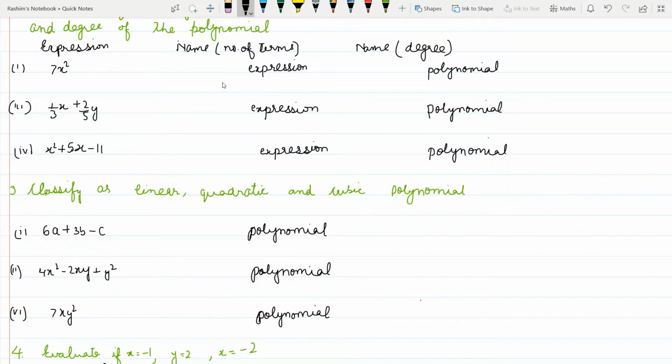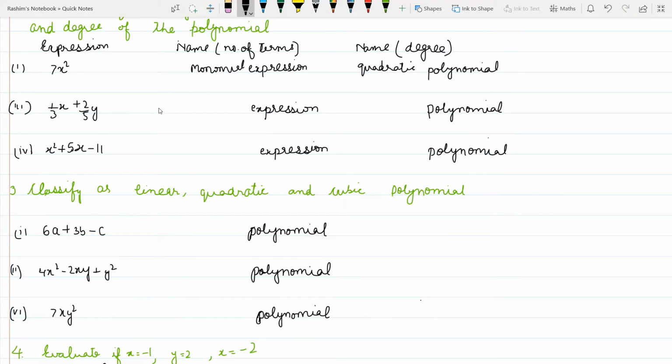We can see only one term here, so this is a monomial expression, so I will write it as monomial. And here the degree is 2. We can see 7x square, degree is 2. So this is a quadratic polynomial. Okay, so I will write it as quadratic. Just above we discussed all these types: linear, quadratic and cubic.